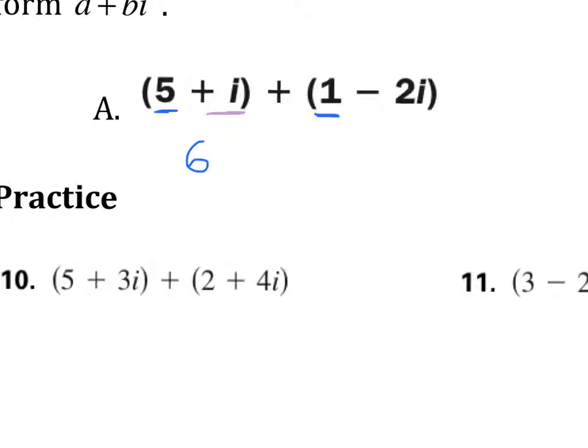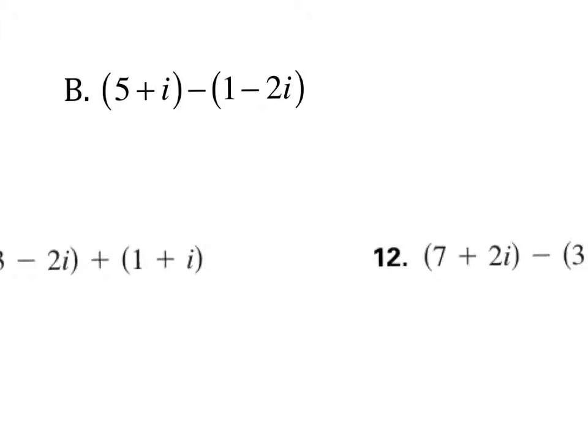And i minus 2i, we treat it just like we would if it were a polynomial, x minus 2x. So you would say minus i, and that's it. We're in standard form because I have my real number first, my imaginary number second. And there is no square to have to simplify.